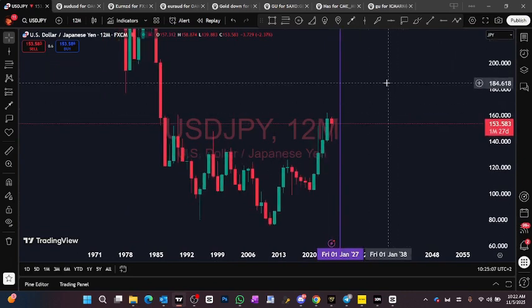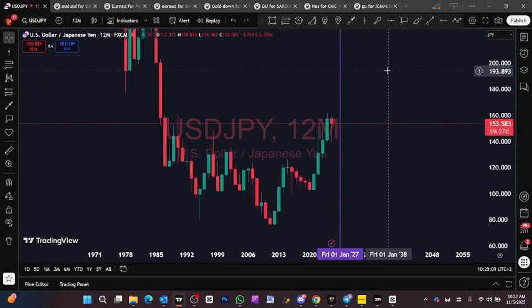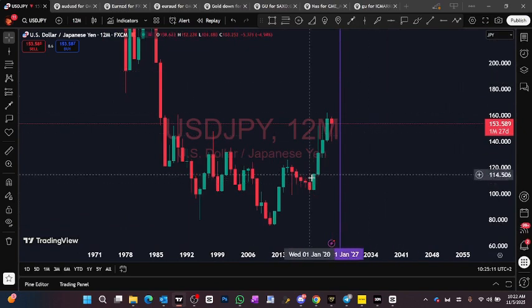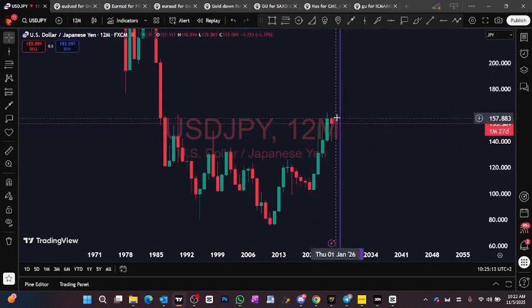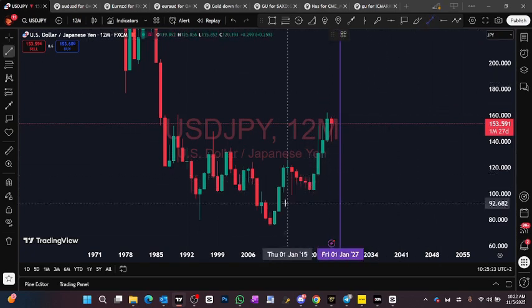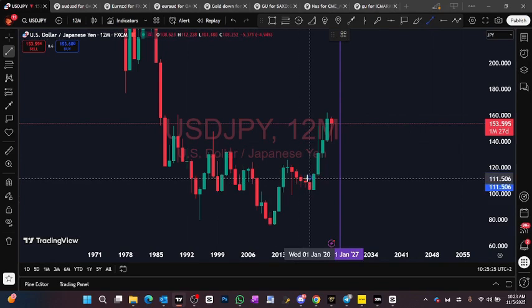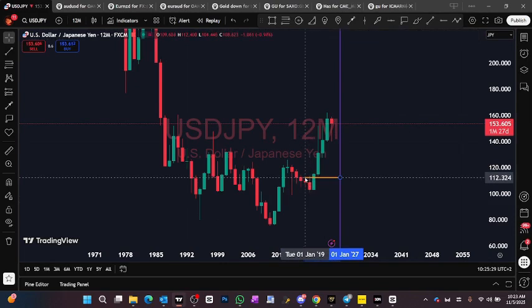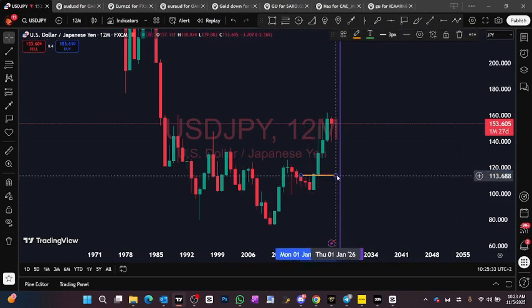So what I was looking at, starting from this leg, now we are going up on this leg. So this bullish right here, if we look left, it has been used by these candles.